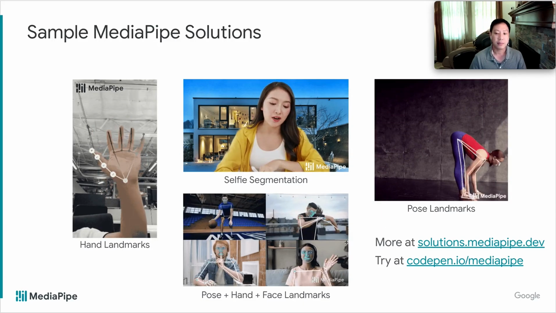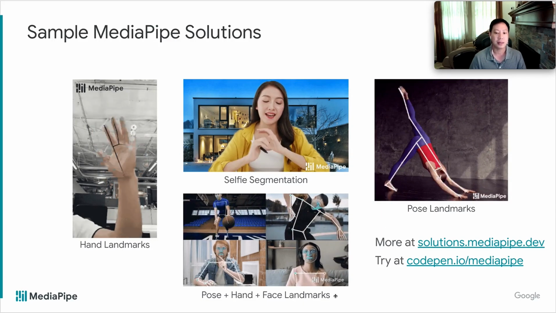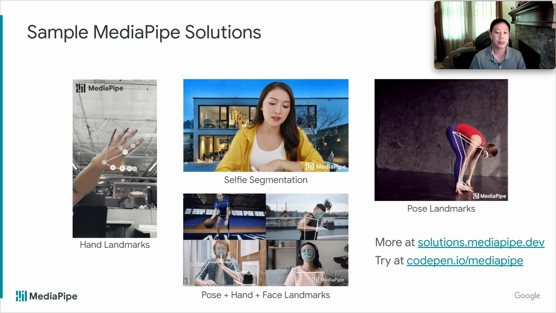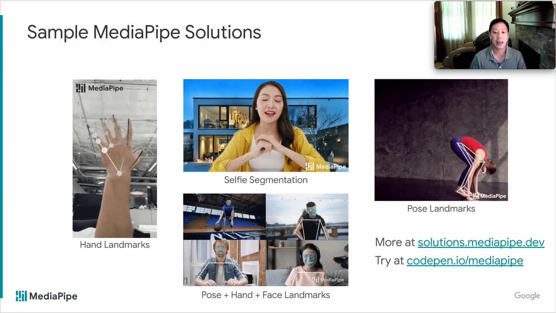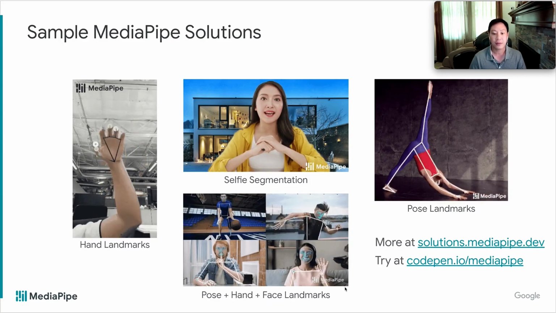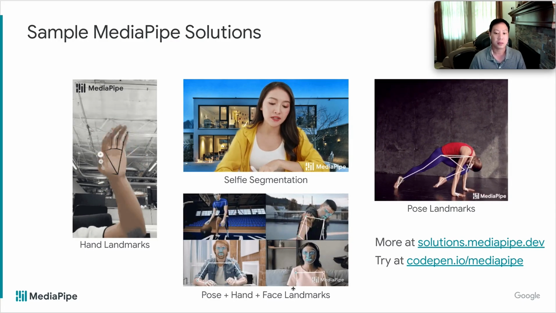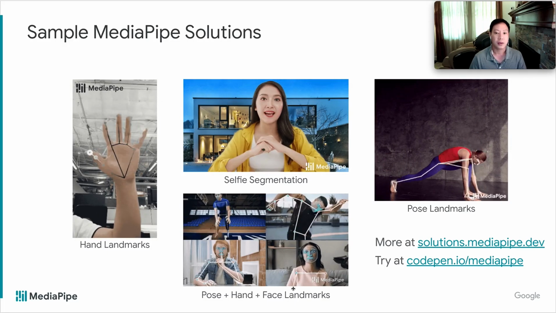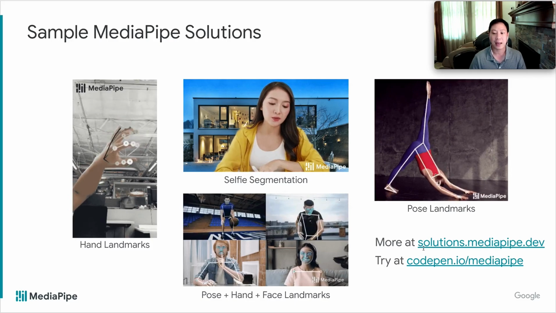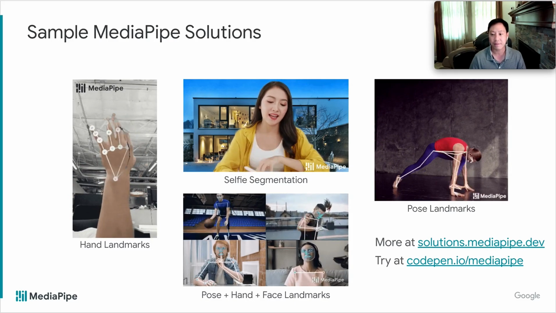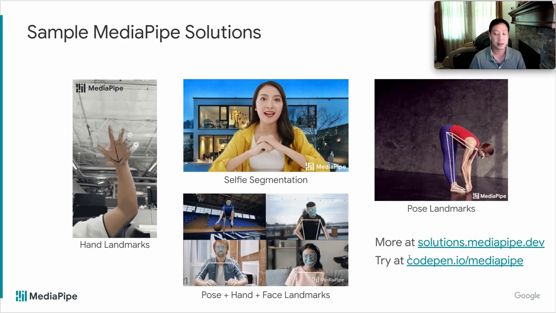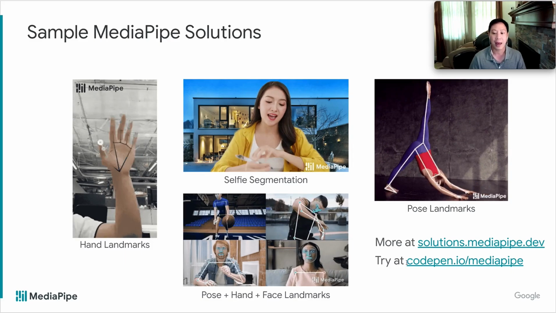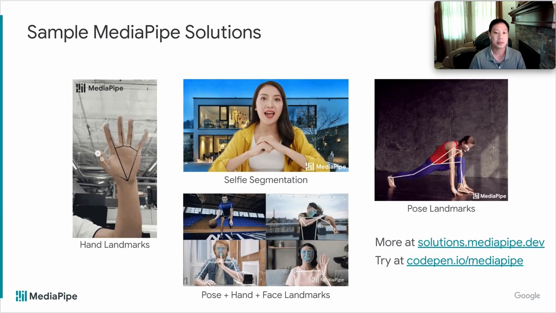And at the bottom, there's one solution that actually tracks over 500 different landmarks, including the pose landmarks and the hand and the face landmarks. And everything here, again, runs real-time on most desktop and mobile devices. You can find more solutions at solutions.mediapipe.dev. You can also try these solutions right away within your browser using your webcam at codepen.io/mediapipe.